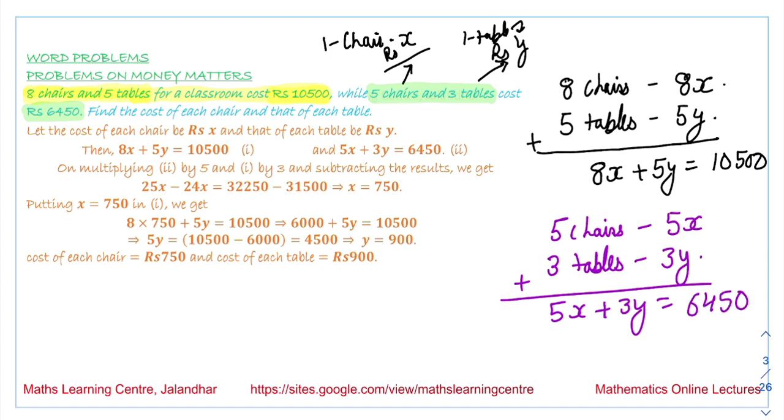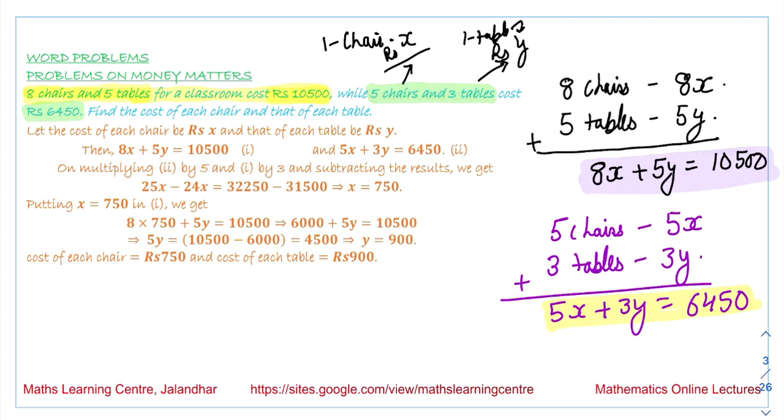So we have two equations now. One is 8x plus 5y is equal to 10500, and the second is 5x plus 3y is equal to 6450. We know various methods to solve these two equations. So we are solving these by the elimination method.